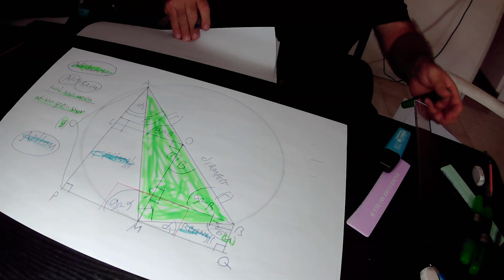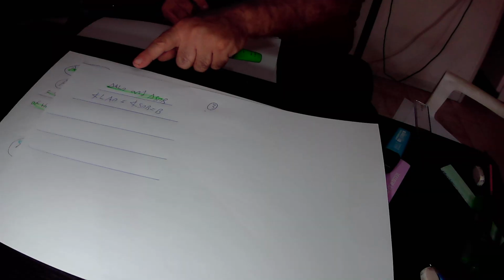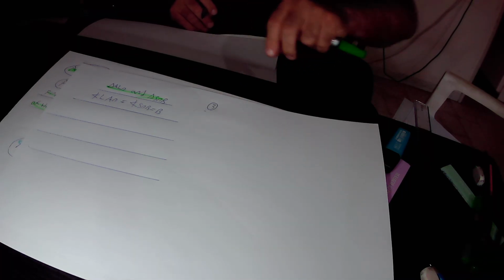And again, we found out that angle LAO in the right triangle ALO is equal to angle SOB in the right triangle OSB. They are both equal to beta and therefore they are equal to each other.